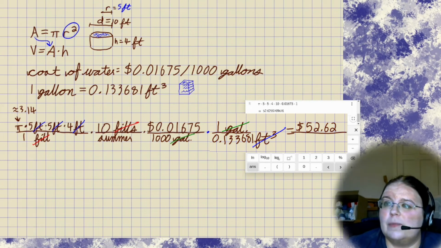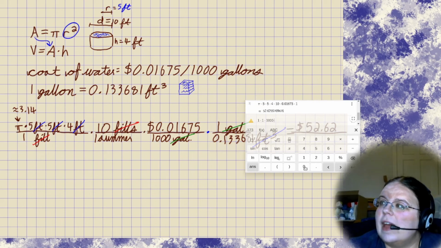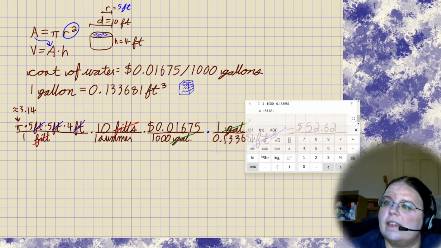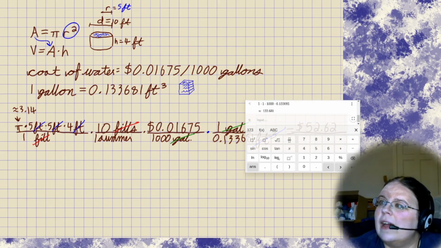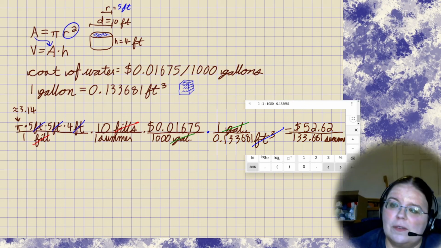I could bring along some more decimal places here. I don't think it's going to make a difference because of what numbers I'm dealing with in the denominator. So in the denominator, we've got 1 fill times 1 summer. So 1 times 1,000 times 0.133681. We're talking about summers. So in 133.681 summers, they would spend $52.62 on water.